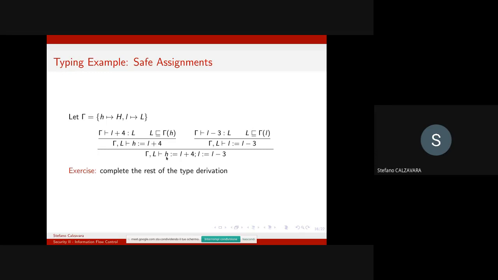So this program picks the variable H, puts inside H the content of L plus 4, and then picks the expression L minus 3 and puts that inside the variable L. First question, is this program safe or not? Are we leaking any confidential information in this program?